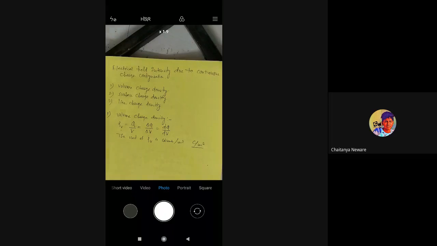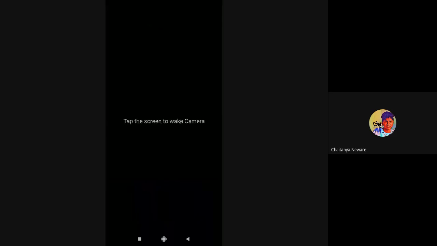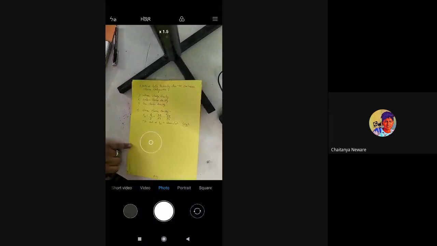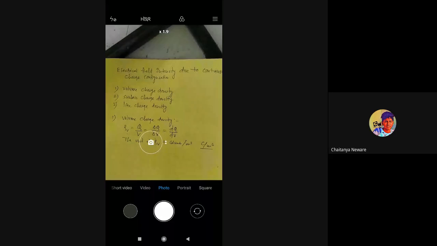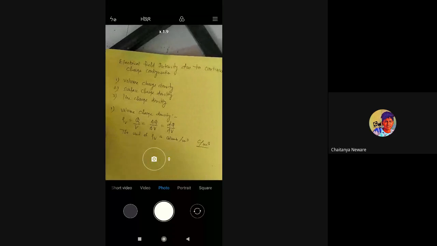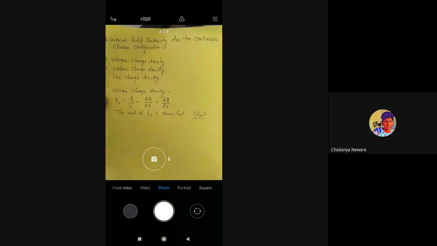Okay. The next is surface charge density.